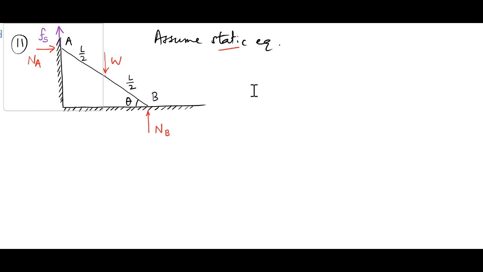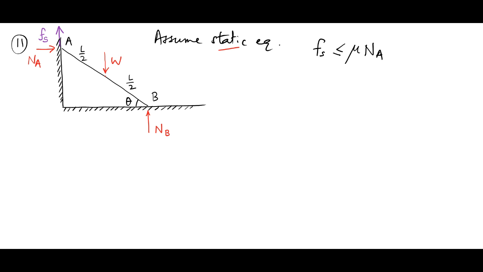So remember that the condition satisfied by Fs is that Fs must necessarily be less than or equal to mu, the coefficient of static friction, multiplied by the normal reaction at that point, Na.